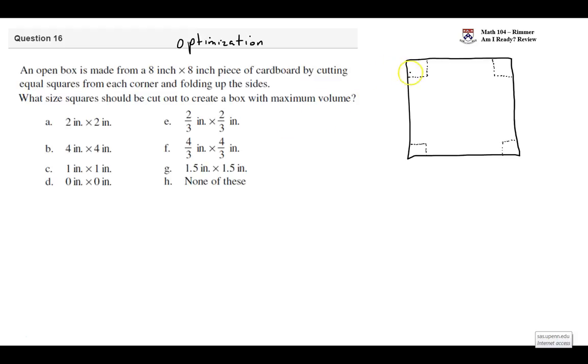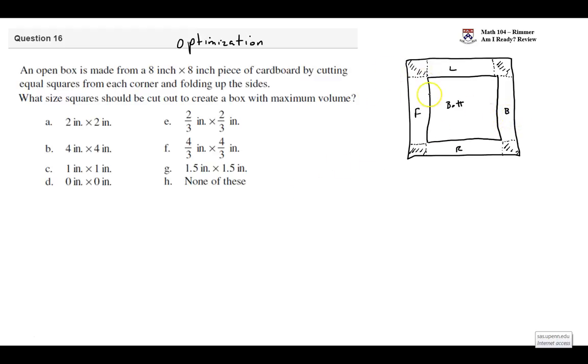And this piece is going to be gone, gone, gone, and gone, and we'll have that ability to fold up the sides and have this be sort of the bottom part, and then this will be the bottom, and then we have the left, right, front, and back. Once we fold that up, we'll have our box.